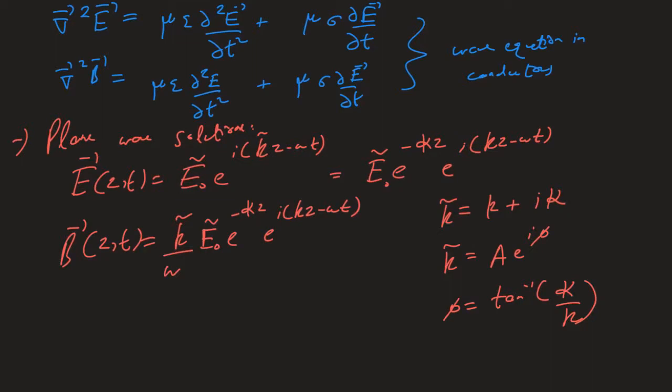And of course, as we emphasized last time, since k tilde is now a complex number, B has a relative phase with regards to E. So E and B are no longer in phase with one another in a conductor. This captures most of the physics that we discussed last time.